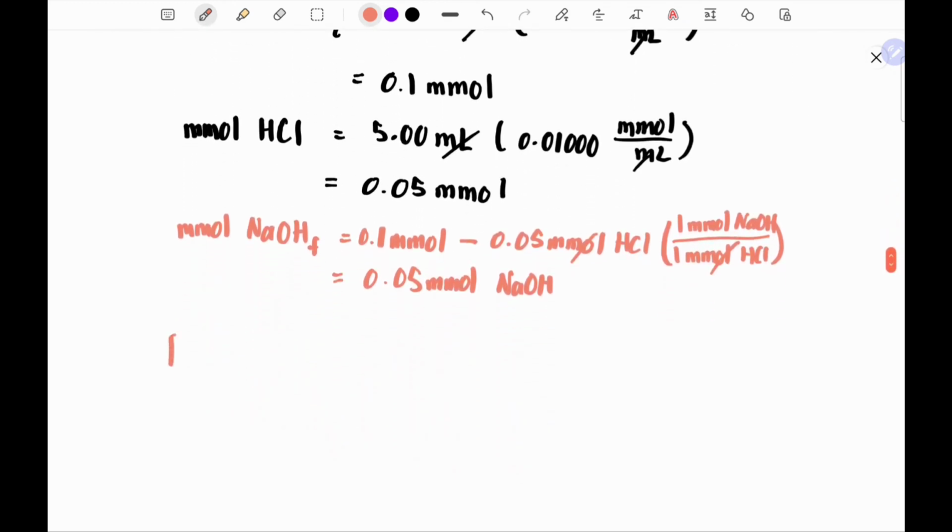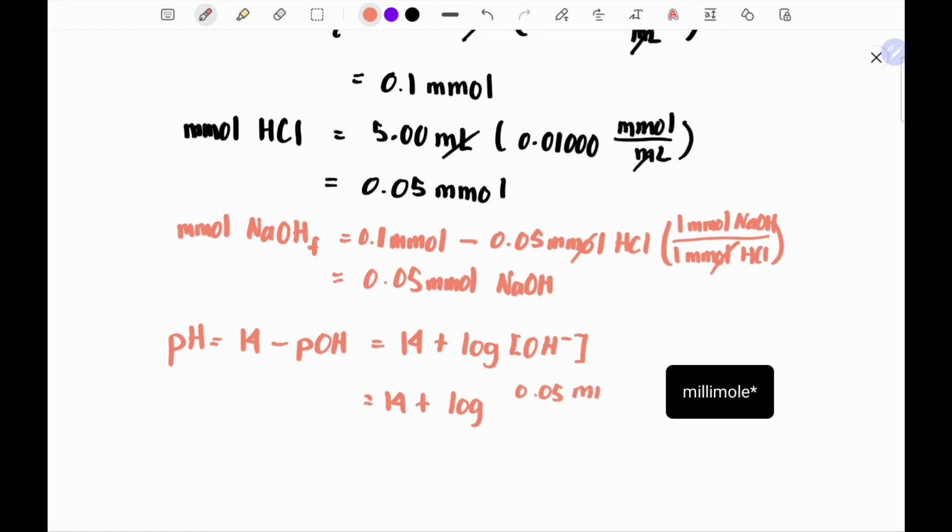The pH should then be 14 minus pOH, which is 14 plus log of the OH concentration. It becomes plus because, again, the p function is negative log. So 14 plus log of OH. The concentration of the hydroxide anion should then be 14 plus log 0.05 millimole all over the total final volume.